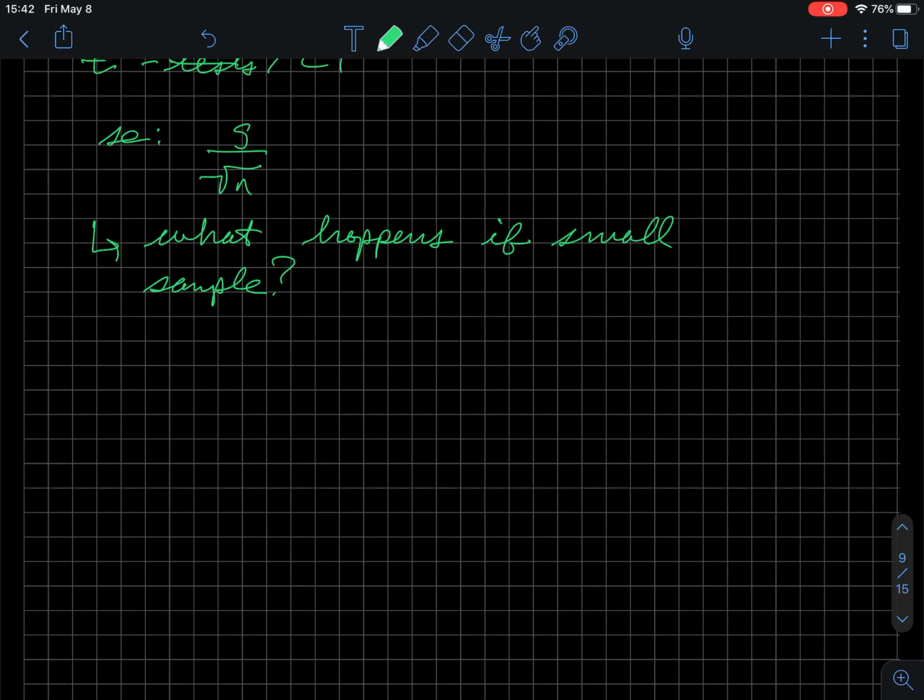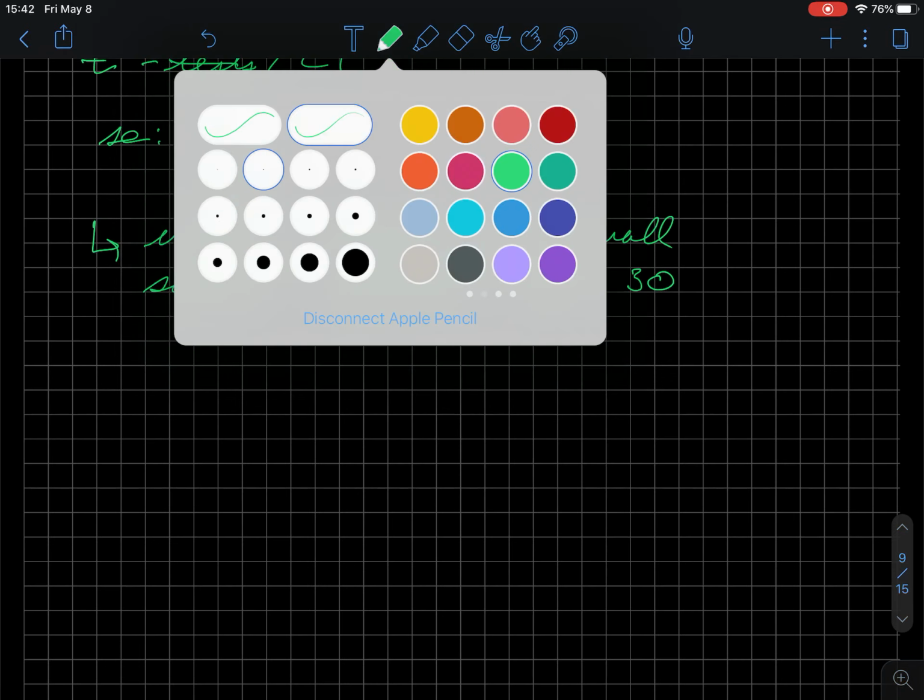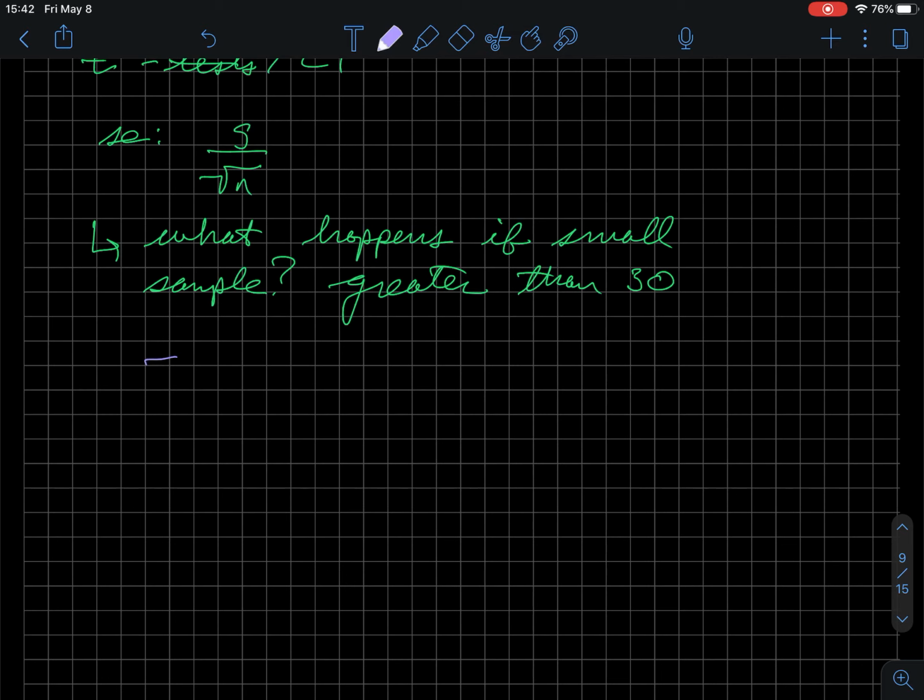And so those are going to be greater than 30 people. So usually we say those are greater than 30. But there are going to be some situations where we really can't do that, right? So situations where it's just not feasible to get a large sample.